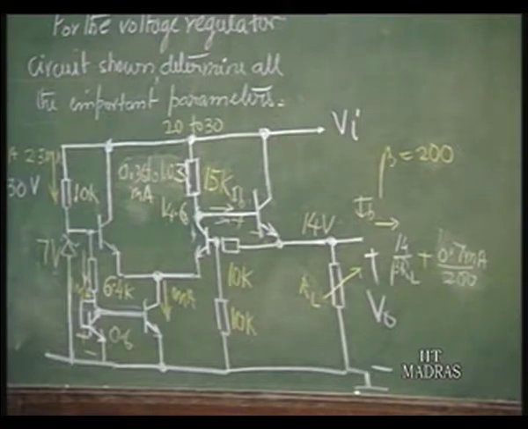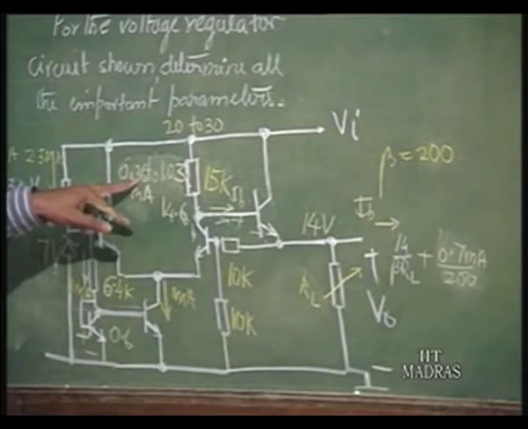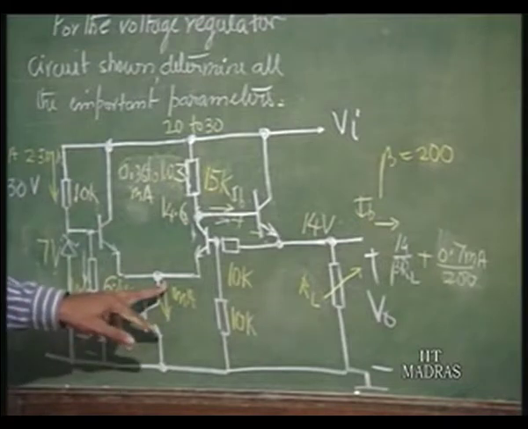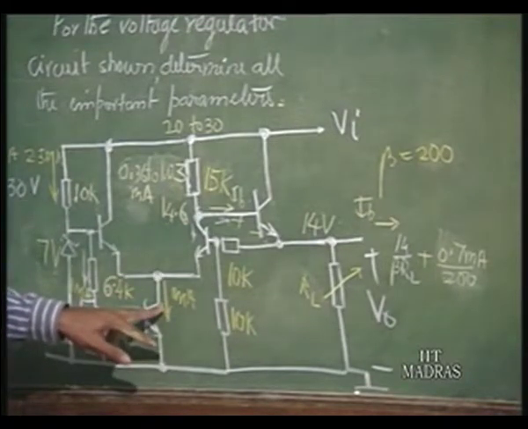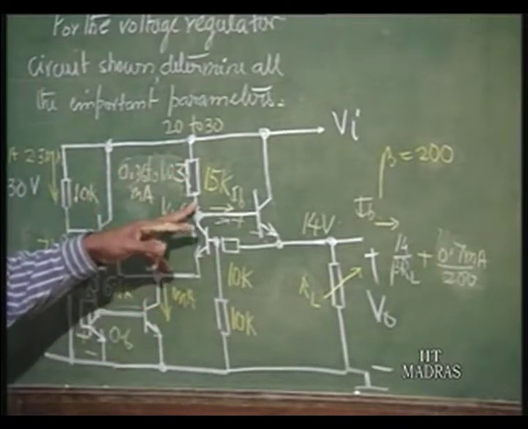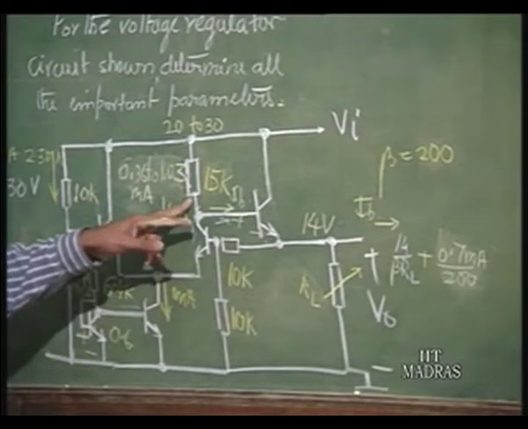Now, let us consider it should keep functioning at all times, let us say. This current is changing from 0.36 to 1.03. The current required for biasing this is totally equal to 1 milliampere. So, when this is 0.36, what can happen? Let us see. When this current is 0.36, what can happen?